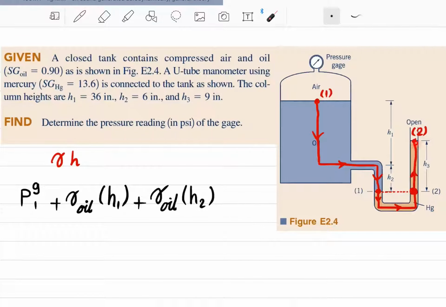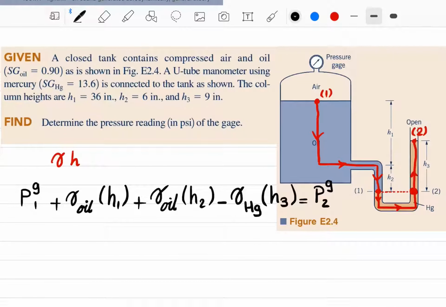So now we're here. As we go upward, H is decreasing, so pressure will decrease. So the sign would be negative, minus gamma of the fluid that we're moving through, which is mercury, times the distance that we have moved, which from here to here would be H3, times H3, would be equal to the gauge pressure at point 2.